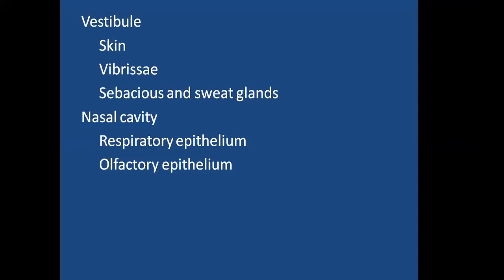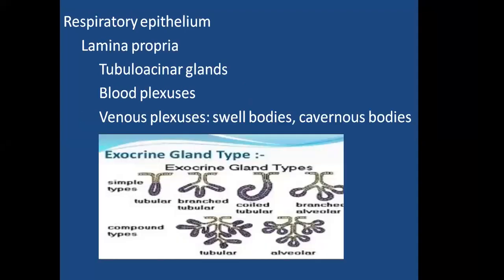Just to remind you again that the majority of the conducting part of the respiratory system consists of the respiratory epithelium, and that respiratory epithelium is pseudostratified columnar ciliated epithelium, which consists of 5 different kinds of cells we already discussed in today's lecture. So the nasal cavity is composed of the respiratory epithelium and the olfactory epithelium.